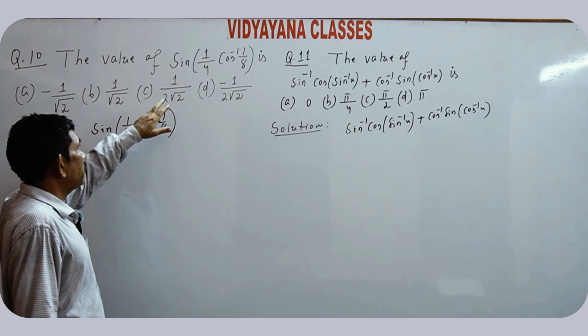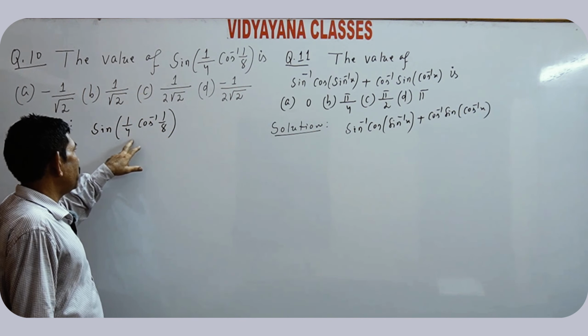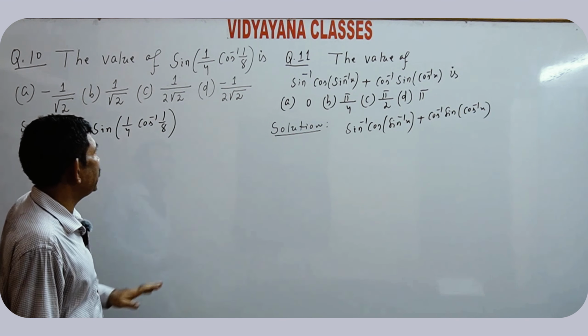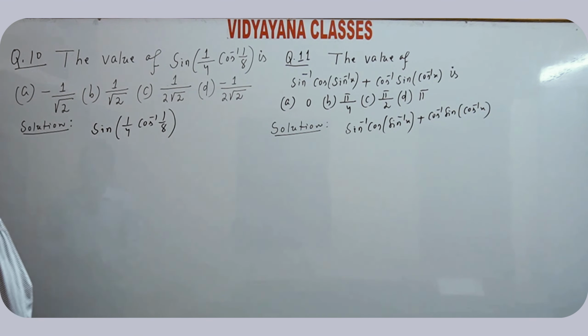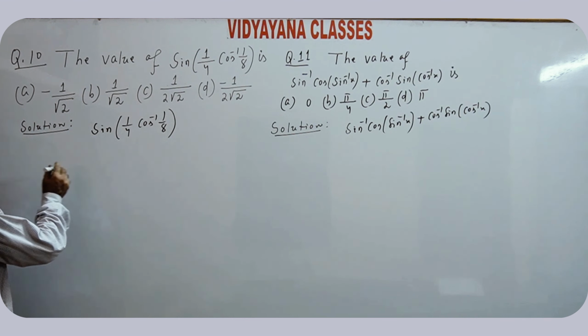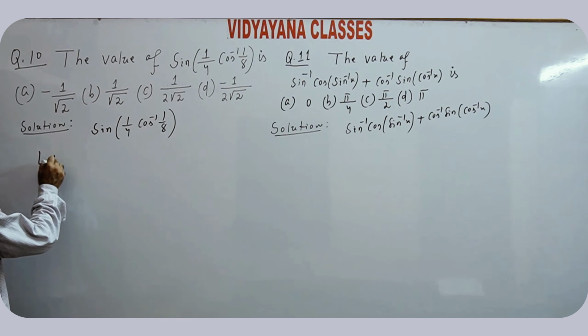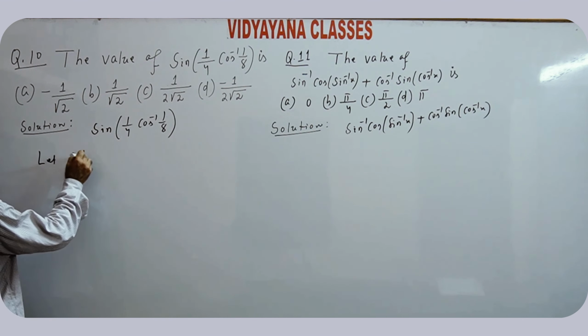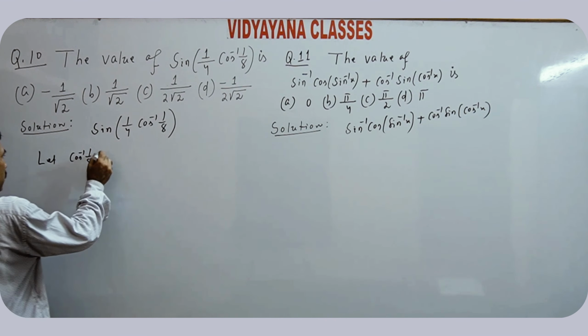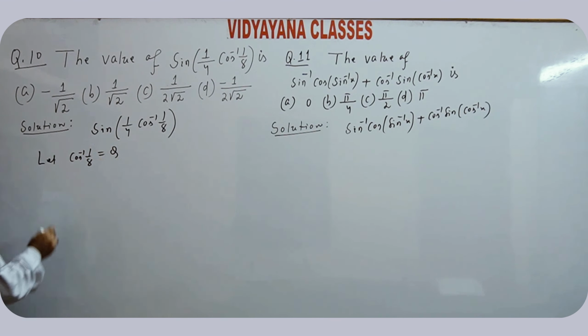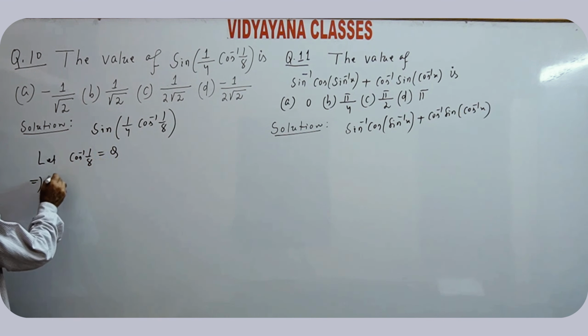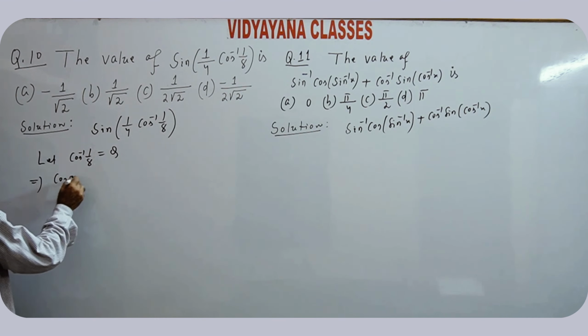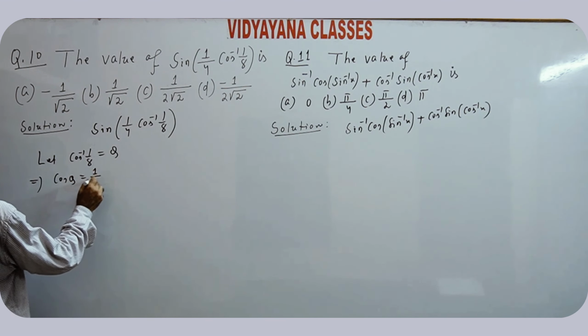The value of sin of 1 by 4 cos inverse 1 by 8 is dash. Okay, let cos inverse 1 by 8 be equal to theta, which implies cos theta is equal to 1 by 8.